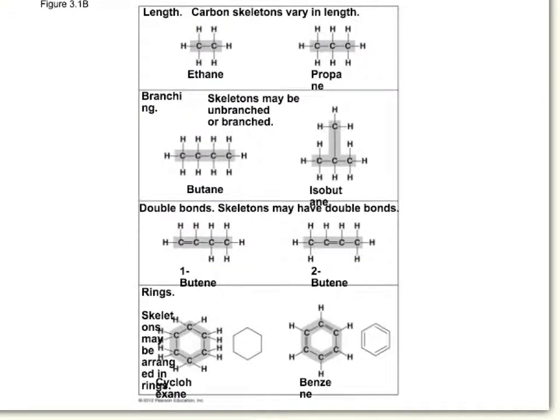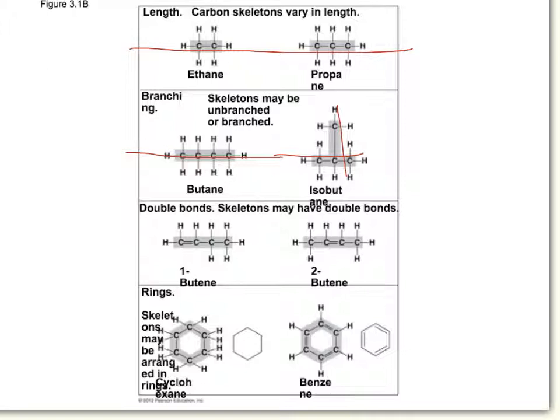So in this picture, I am showing multiple things. We have right here the carbon skeletons of ethane and propane, and we can see they're fairly straight chains. Versus over here, we have some branching. These are some isomers right here. We have butane, which is a straight chain, and isobutane, which is branched.